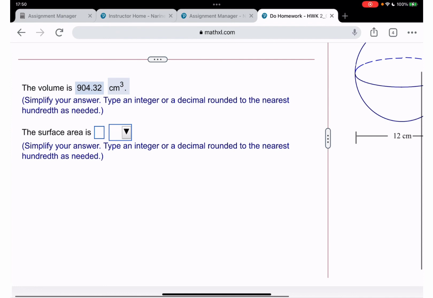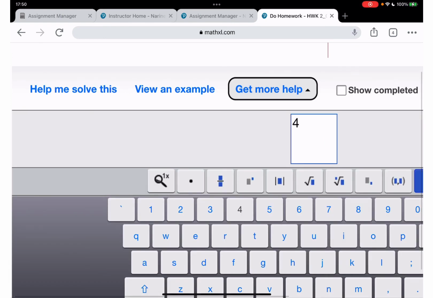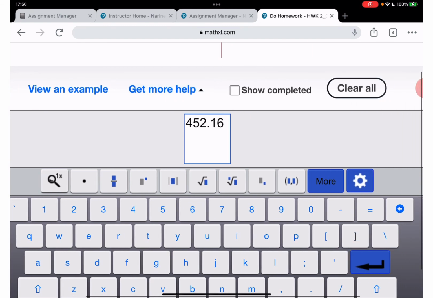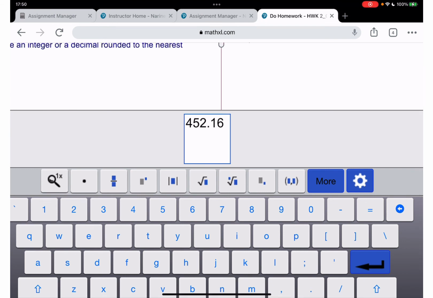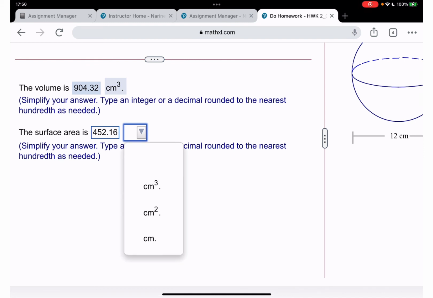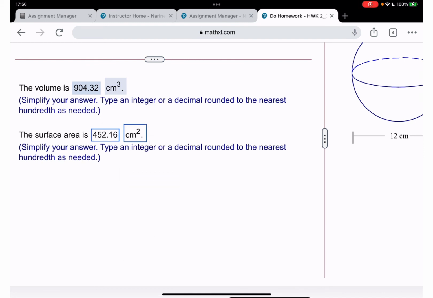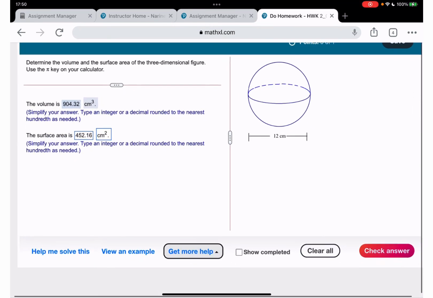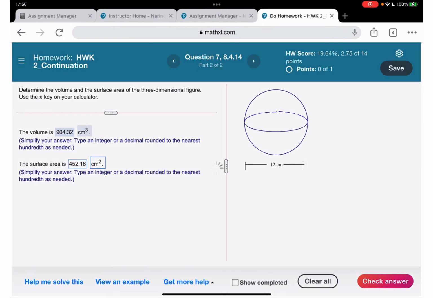So it's going to be 452.16, and the measurement is centimeters squared, because it's an area. There we go. Let's check. Okay, we are good.